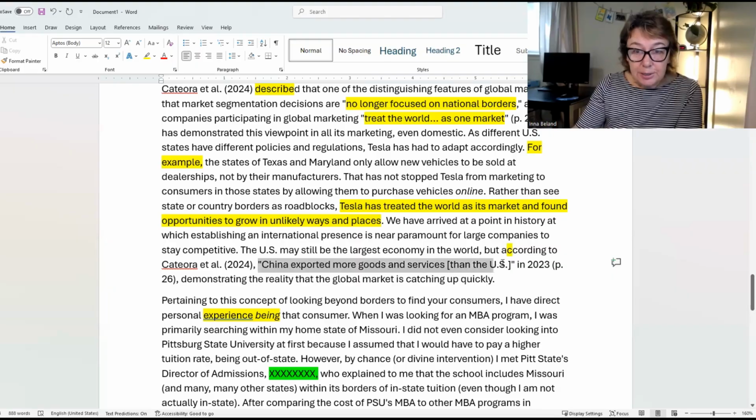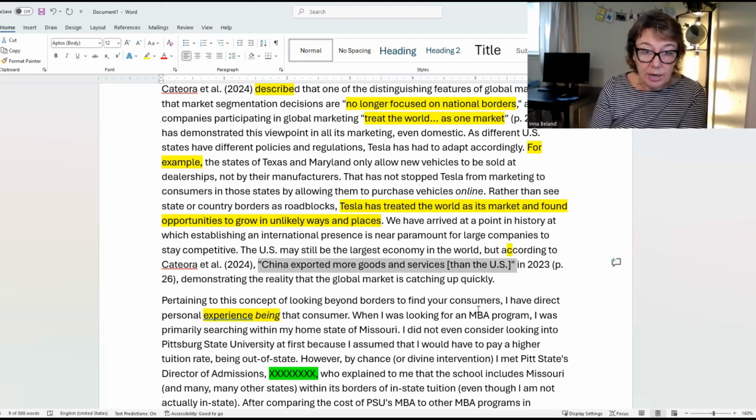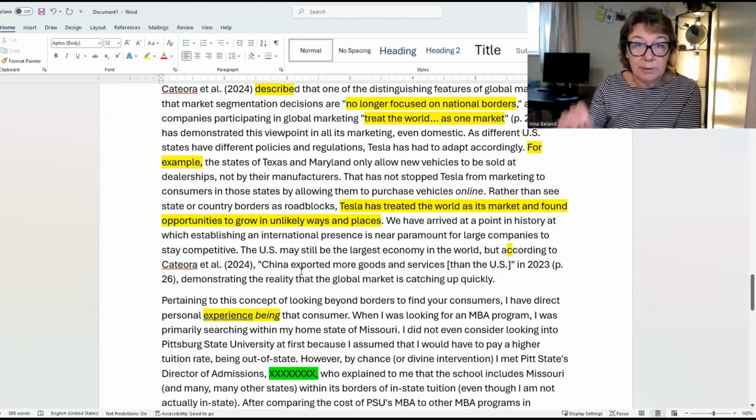This sentence contains this quote. Let me read it and assess the quality and strengths of this quotation. "China exported more goods and services than the US in 2023, demonstrating the reality that the global market is catching up quickly." I would not use a quote here, because this is something that you can say in your own words without losing the original meaning or the strength of this information.